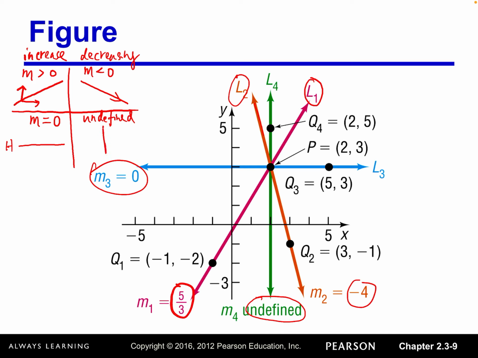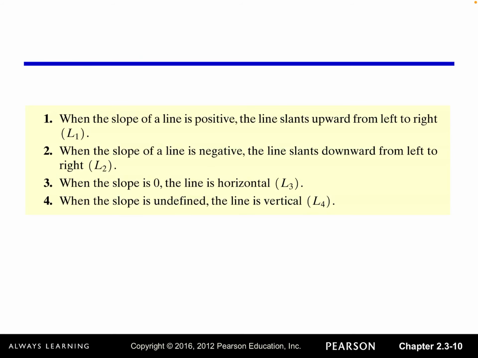Any line with an undefined slope must be a vertical line. So those are the four typical values of slope, representing four different types of line: increasing line, decreasing line, horizontal line, and vertical line. And this is actually a theorem.